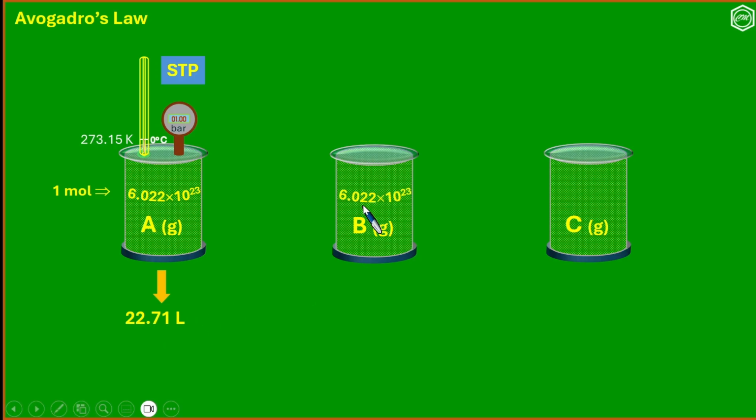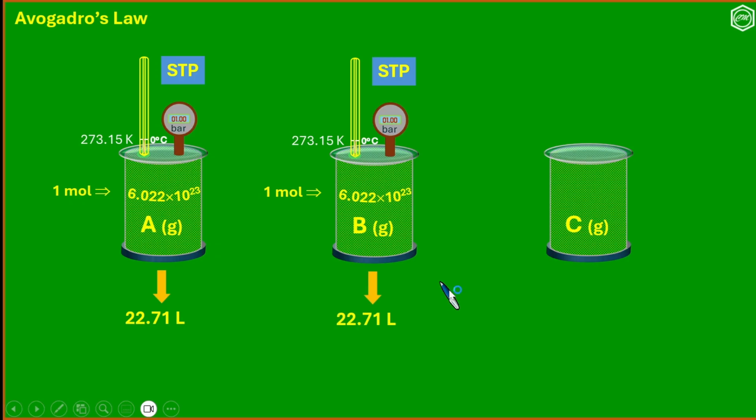Let gas B contain 6.022 × 10^23, same as A, that is 1 mole, at 273.15 Kelvin and 1 bar pressure, that is 1 mole of gas at STP. Now this gas also will occupy a volume of 22.71 liter.